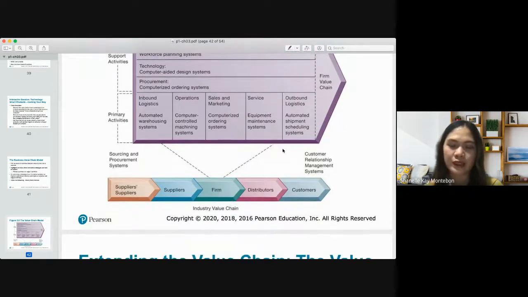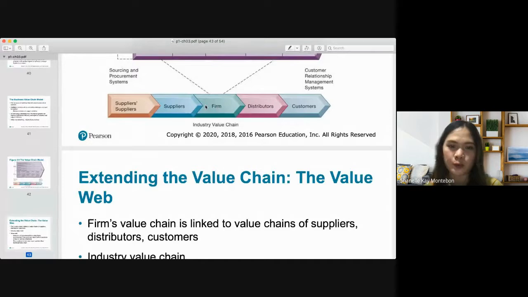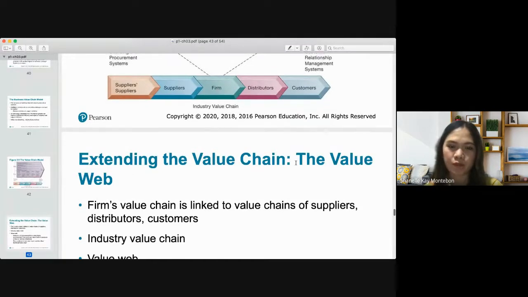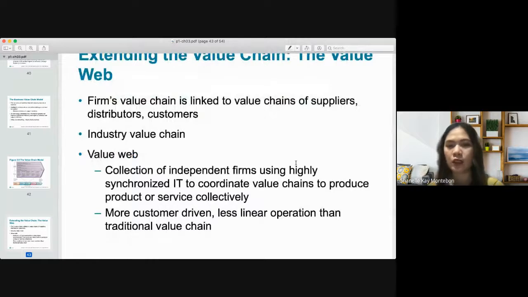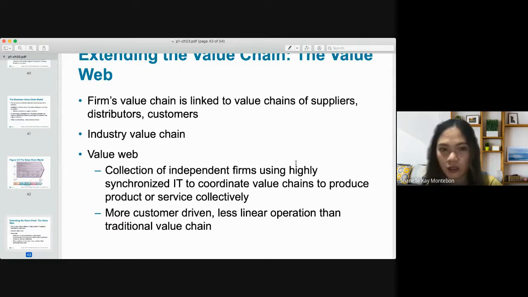And then if we extend the value chain, we can see that it is linked to the chain of suppliers, distributors, and customers. And there is also an industry value chain wherein various companies in the same industry will create a consortium, and they will have an understanding to create industry standards for us to provide high quality products and services to our customers, and also to prevent new market entrance.